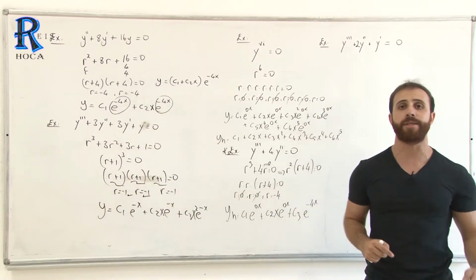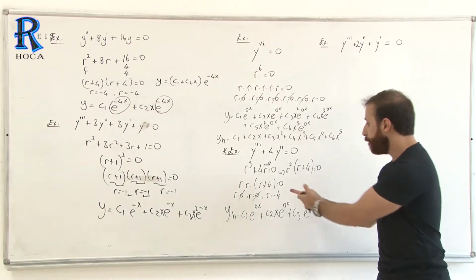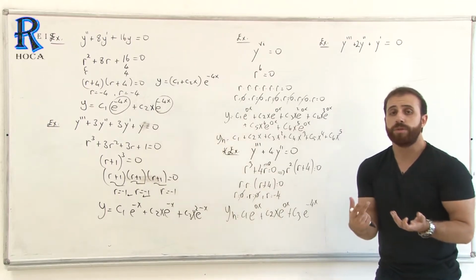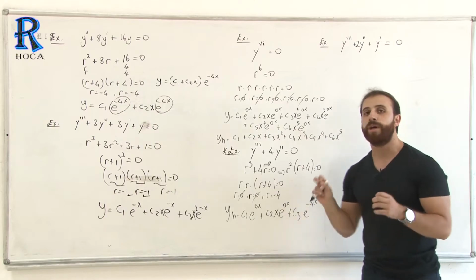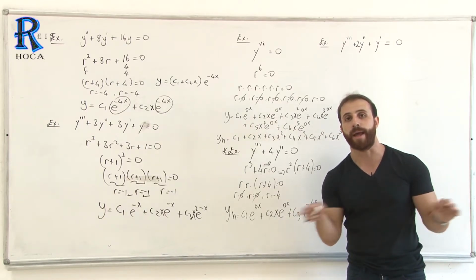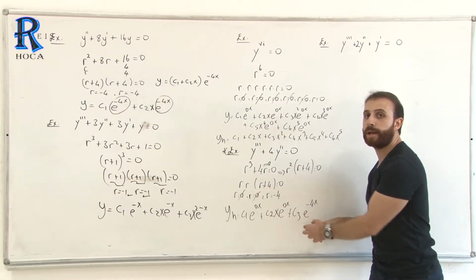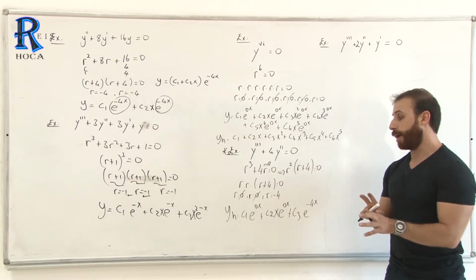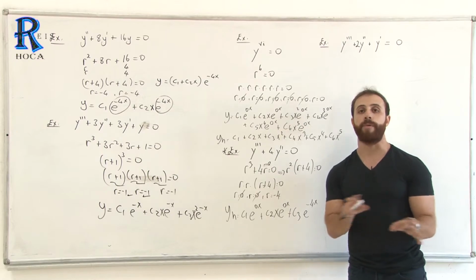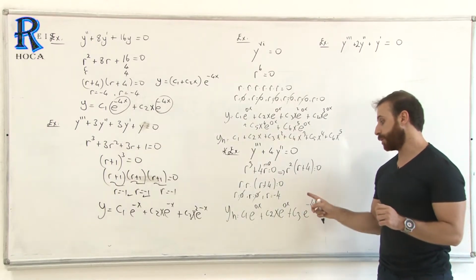And now I am asking, is it a repeated root? Before, did we use minus 4? We didn't use minus 4. Minus 4 here is not a repeated root, so it's not necessary to multiply anything. We have to keep it like that. We will not multiply by x because this is not a repeated root.